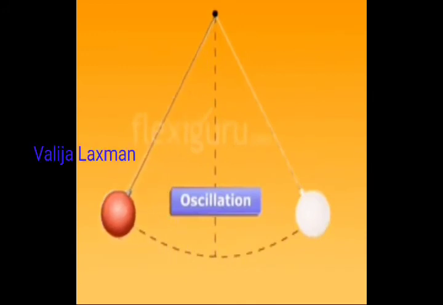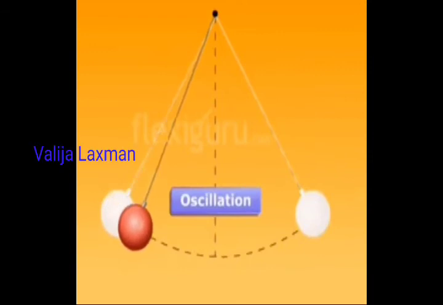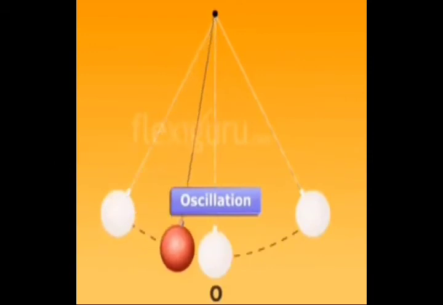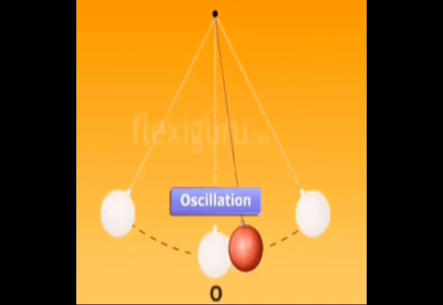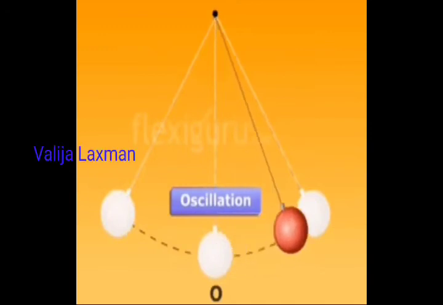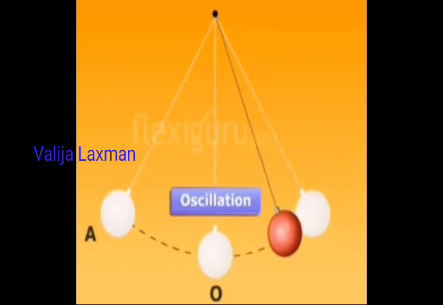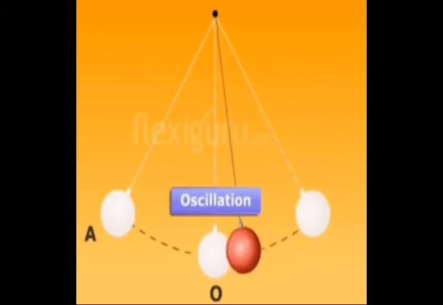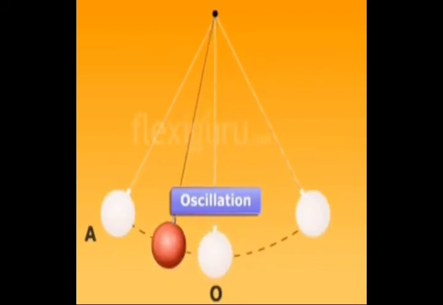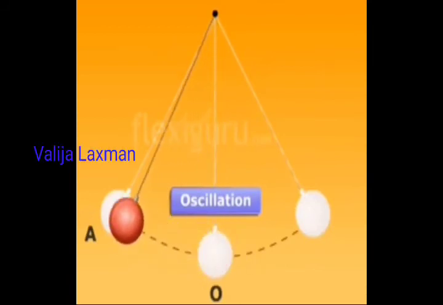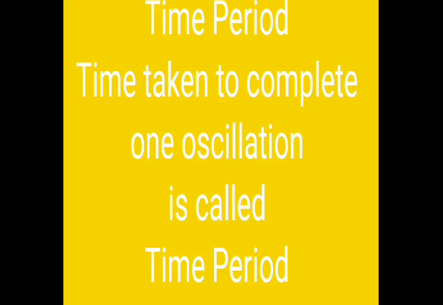From the starting point it has to go to this side, and again it should return back. Then we say that the simple pendulum has completed one oscillation. For completing this one oscillation, it takes some time.